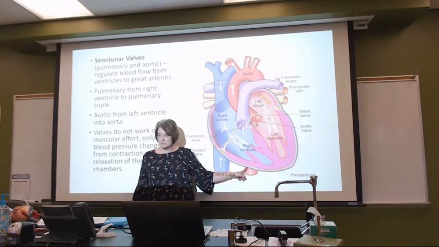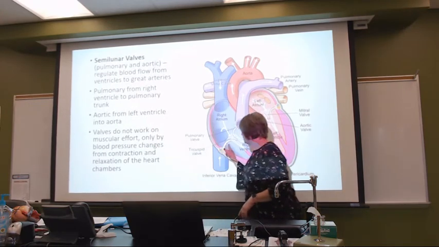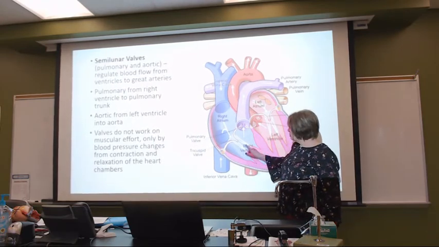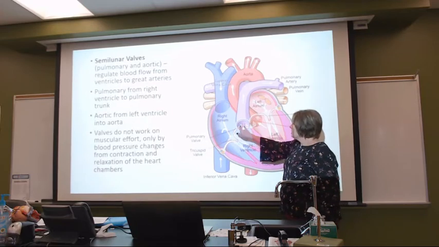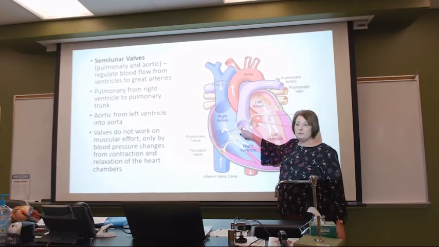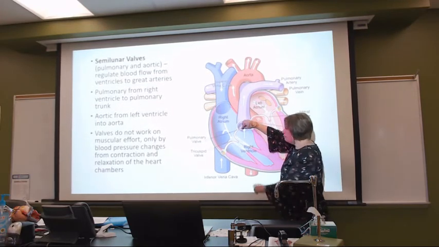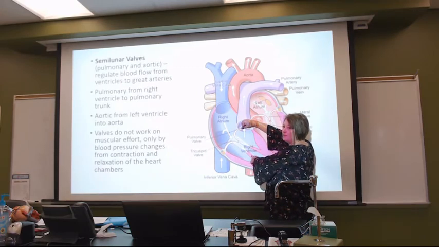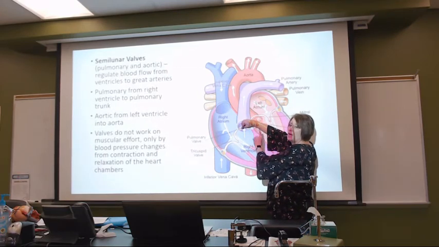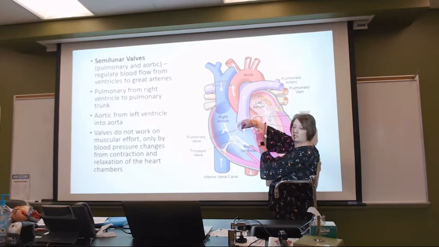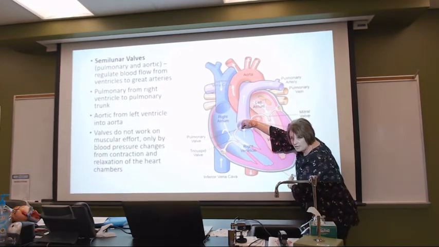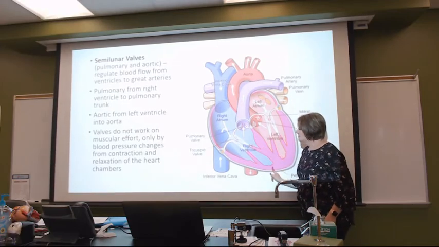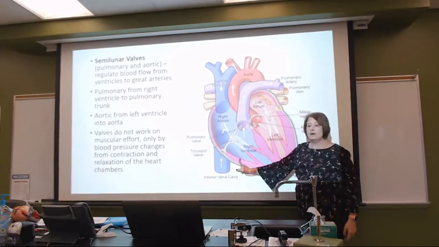Does that make sense? Now, since it goes from the right ventricle into my pulmonary trunk, these semilunars would be closed. But as the blood begins to fill up, I'm going to have a pressure change, and I'll have a heartbeat because this is muscular.